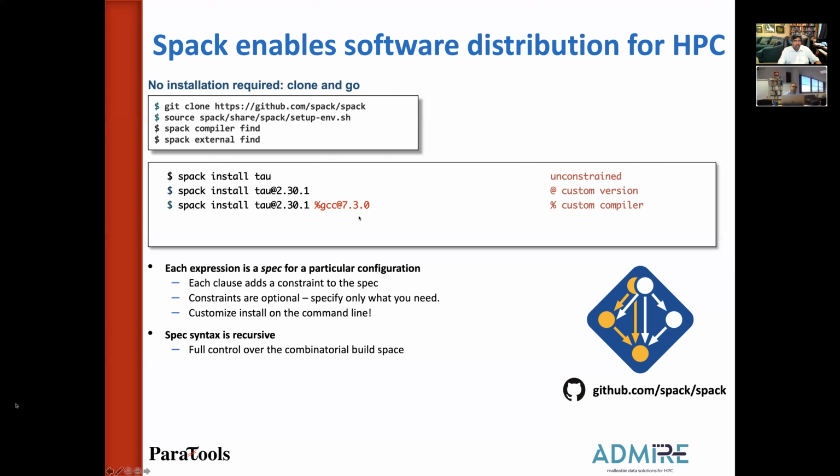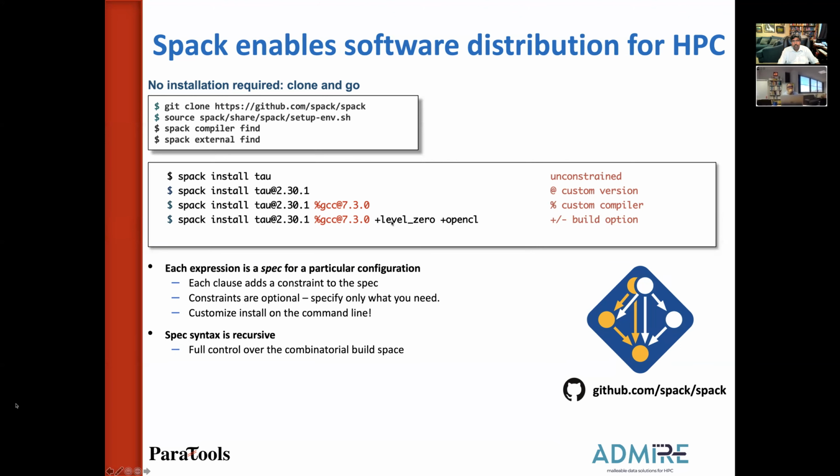In Europe, another package that's used for installing software is EasyBuild. So you can think of Spack as a peer to EasyBuild. Here I can say spack install tau version this, and then specify variants in my recipe. So if I did a spack info on a package, I'll see all the variants.